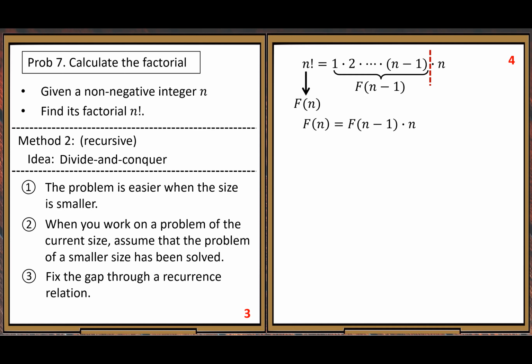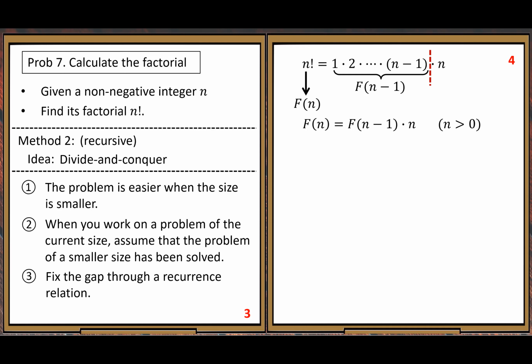So this is the recursive formula, the key step: recursive algorithm, divide and conquer. How do you reduce the problem size? Divide and conquer. With this formula, write a recursive function and solve it.